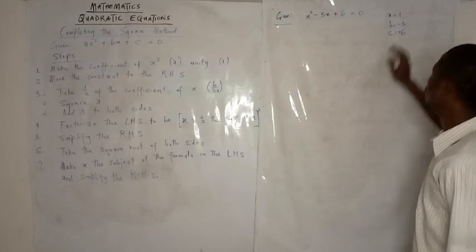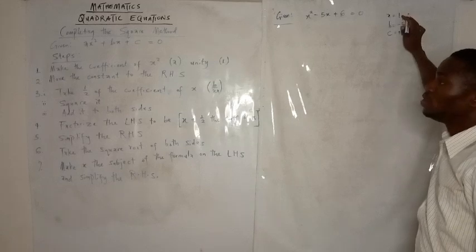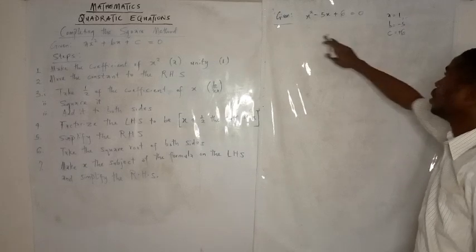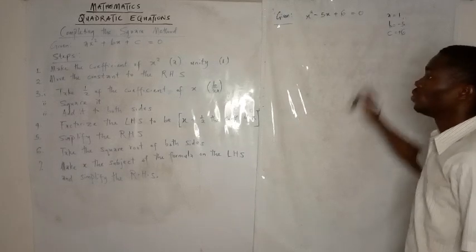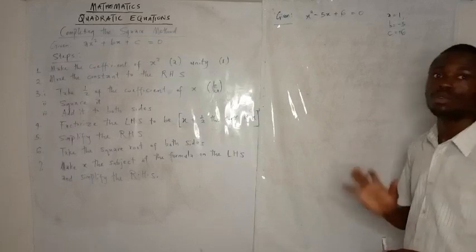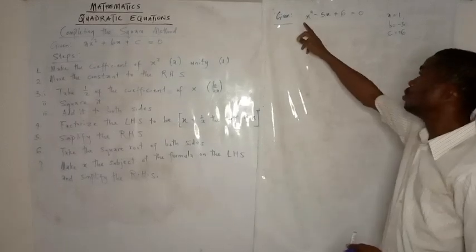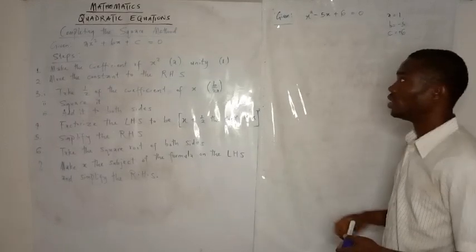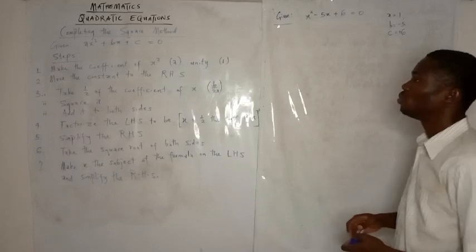You will notice that our a is already unity. The coefficient of x squared, that's our a, is already 1. So step 1 has been done. There will be no need to apply step 1 because the coefficient of x squared is 1 already. So we move to step 2.